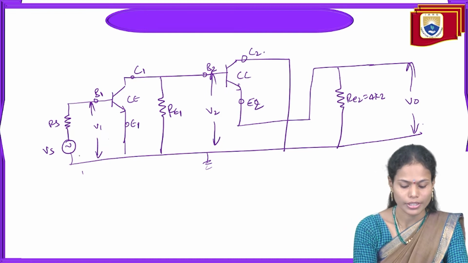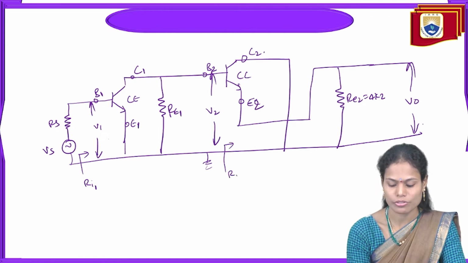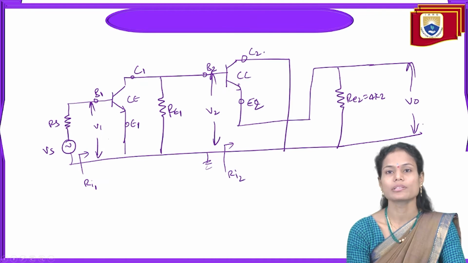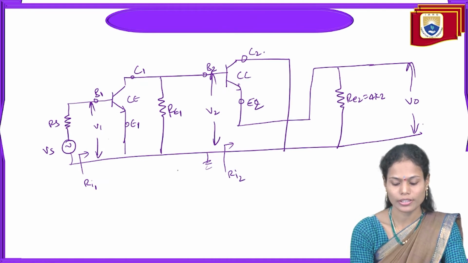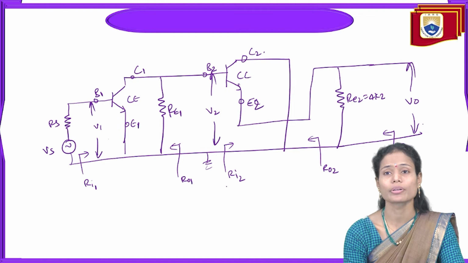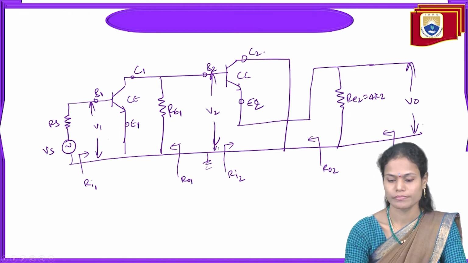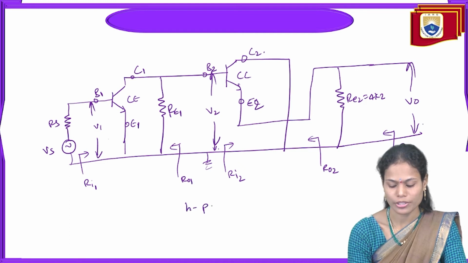From here we will calculate the input resistance of the first stage, and from here the input resistance of the second stage. Similarly, we'll calculate the output resistance of the first stage from here and the output resistance of the second stage from here. And the overall output resistance is R0 for both the stages. So this is the H parameter model for the given circuit.